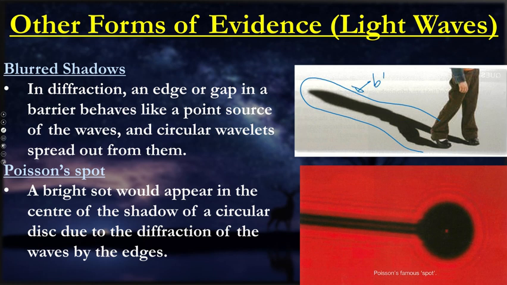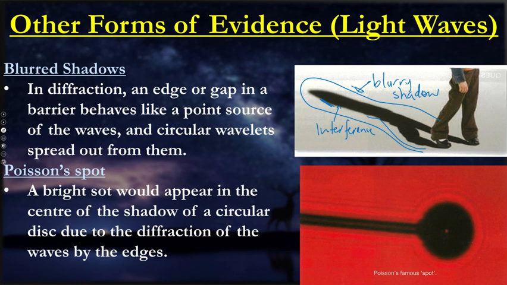What's actually happening is you get very blurry shadows. If you look even closer, you'll find that your shadow will have areas where it starts off with a really dark band, and then it gets lighter, and then it gets brighter again. So what's actually happening on the edge of your shadow, your hand is causing diffraction of light. That diffraction of light is also causing an interference pattern as you look at the shadow.